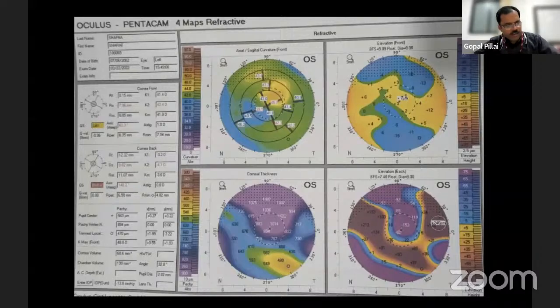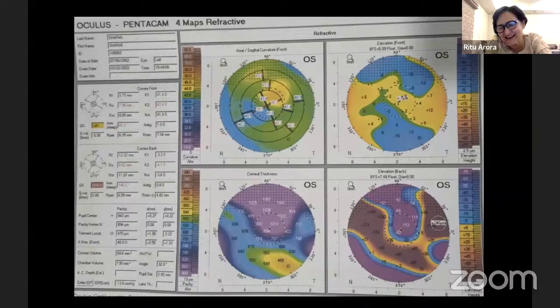I think, Anil, we will require one more class on topography.